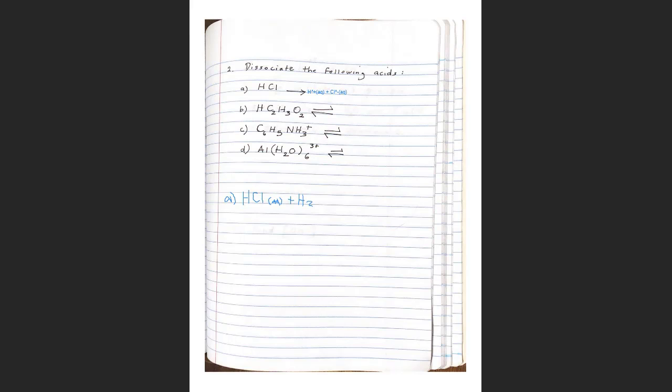Alternatively, I just wanted to demonstrate the Bronsted-Lowry representation as well after you do it, because Bronsted-Lowry, proton donor and proton acceptor, is more accurately reflective of what happens on the molecular level when these acids are introduced into water. They react with water to form H3O plus and then the conjugate base, in this case Cl minus.